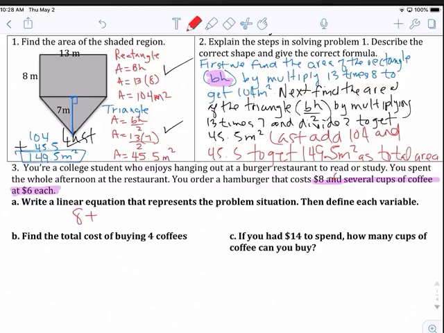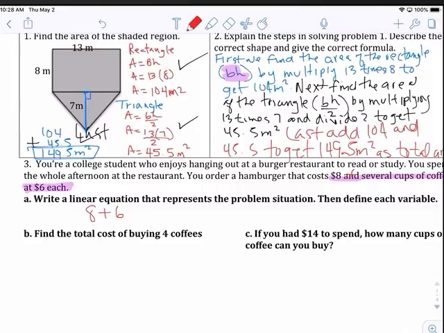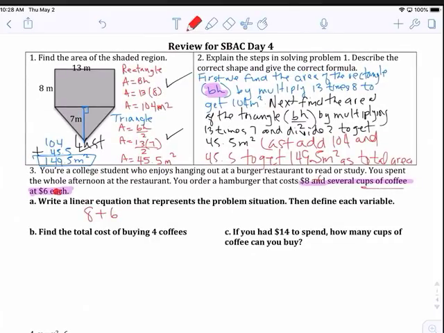8 plus what? Wait, is it plus 6 or? Plus 6, yes. Which word means times there? Each. And the 6 talks about the hamburger or the cup of coffee? Coffee. So C represents cup of coffee.